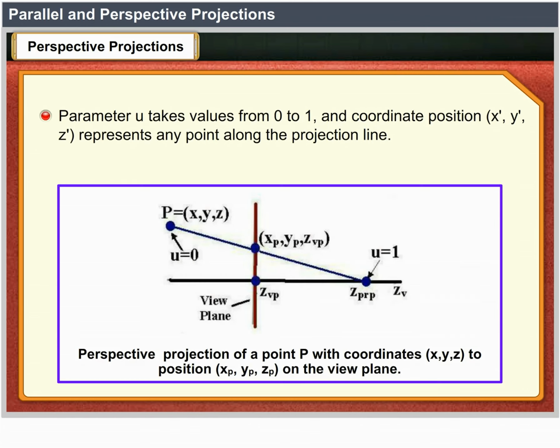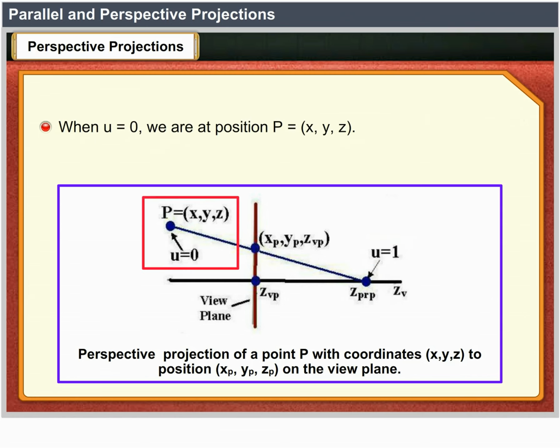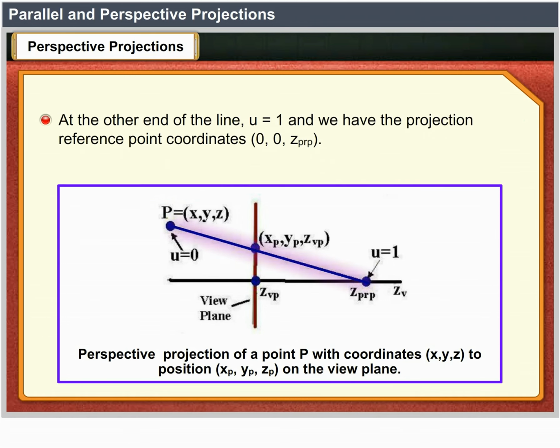Parameter u takes values from 0 to 1 and coordinate position x', y', z' represents any point along the projection line. When u equals 0, we are at position P equals x, y, z. At the other end of the line, u equals 1, and we have the projection reference point coordinates 0, 0, zprp.